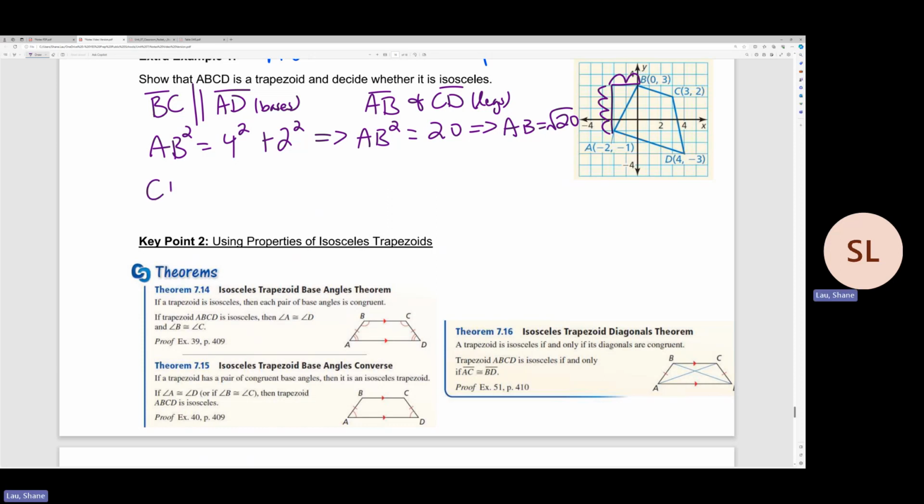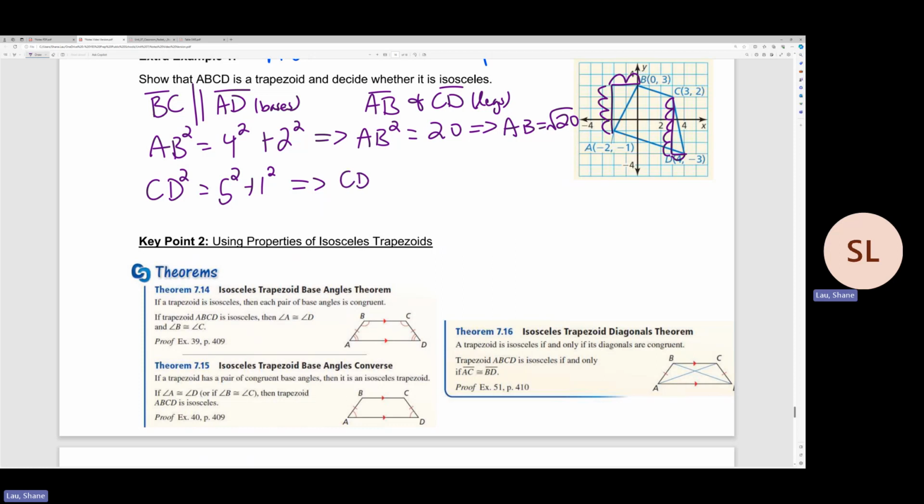Now we have CD. CD squared, well, gotta make that triangle again. 1, 2, 3, 4, 5, and then a 1. So we have a 5 squared plus a 1 squared, like so. 5 squared is 25. 1 squared is just 1.